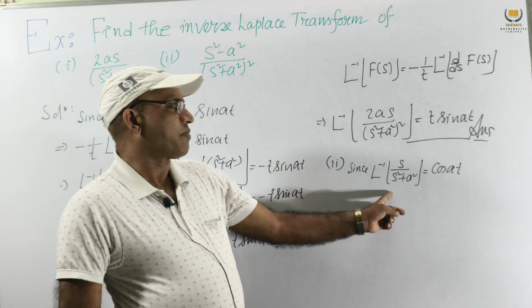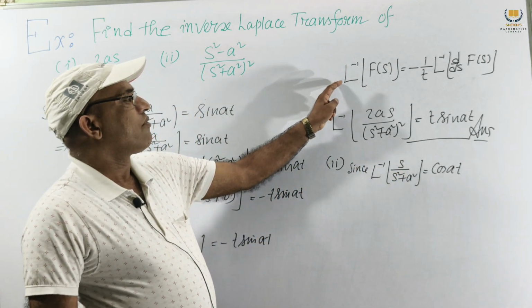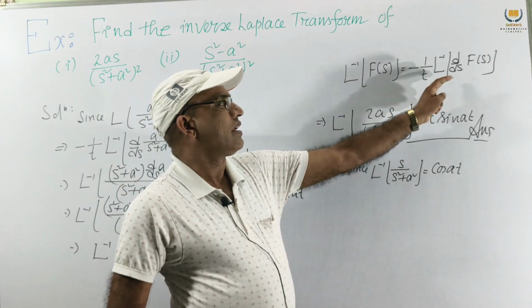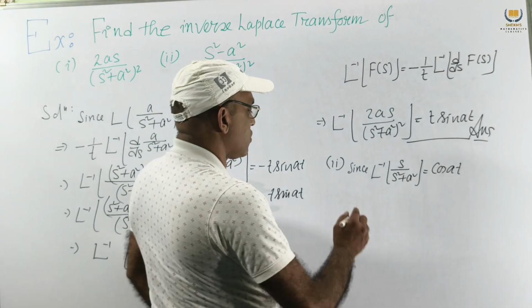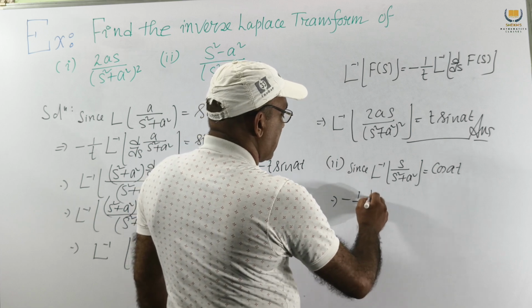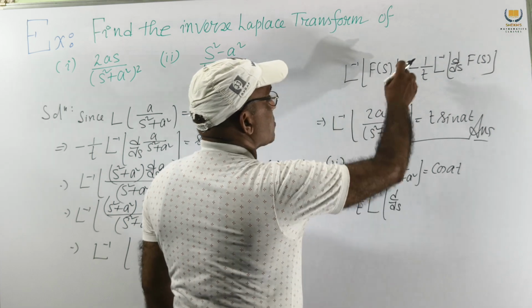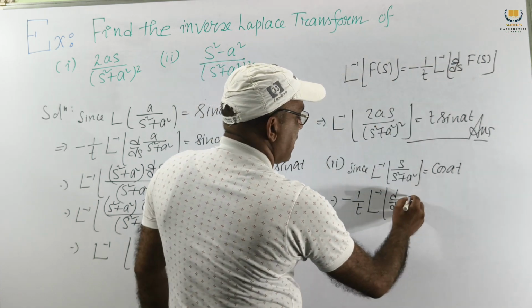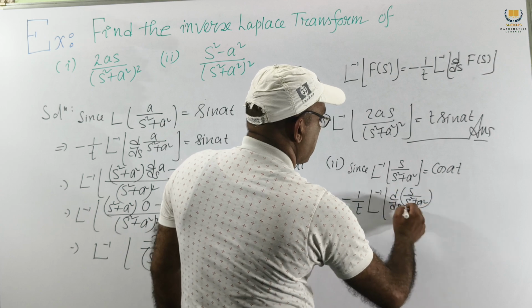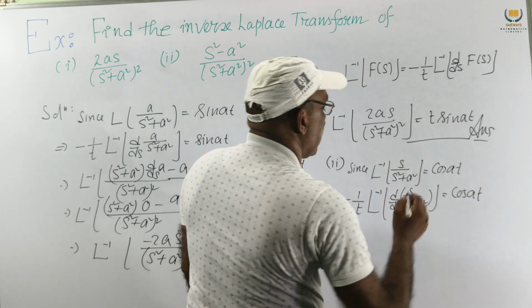Again using the same formula, if we multiply this result by minus 1 by t, then we get d/ds. So L inverse of d/ds of s by s² + a² gives cos at.